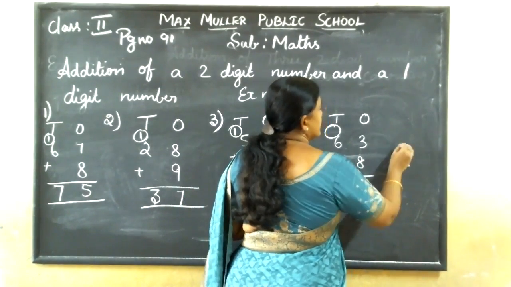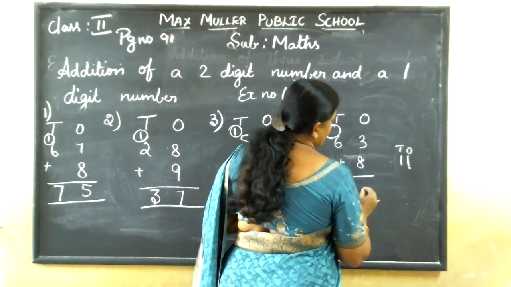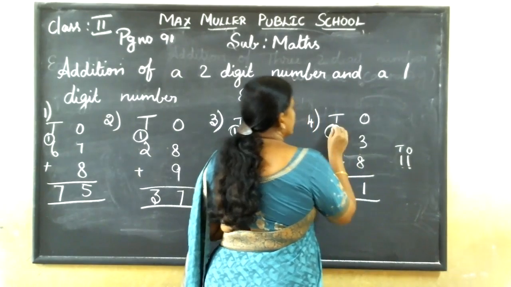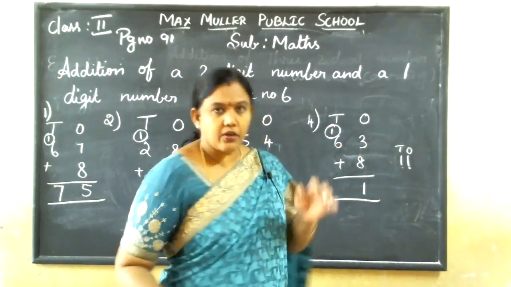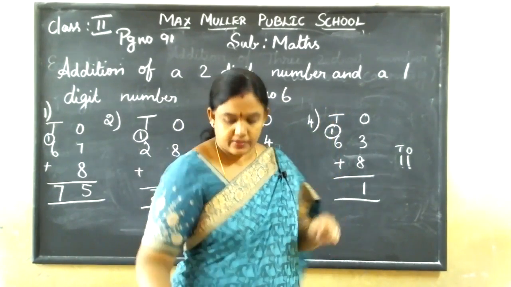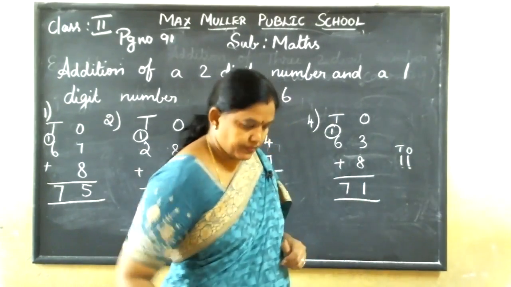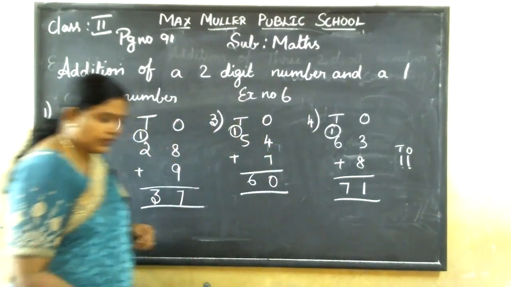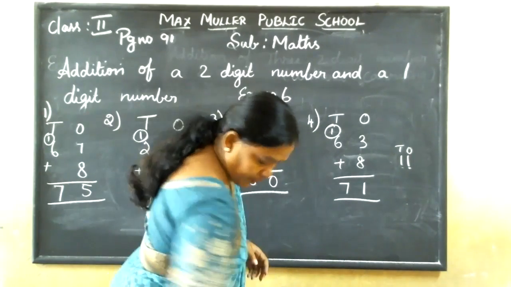So ones, tens. This 1 will be written in the ones column. This 1 will be carried to the tens column. Now 1 in the mind, 6 on the fingers. After 1: 2, 3, 4, 5, 6, 7. 71 is the sum. We finished 4 sums. Now the 5th one is there.